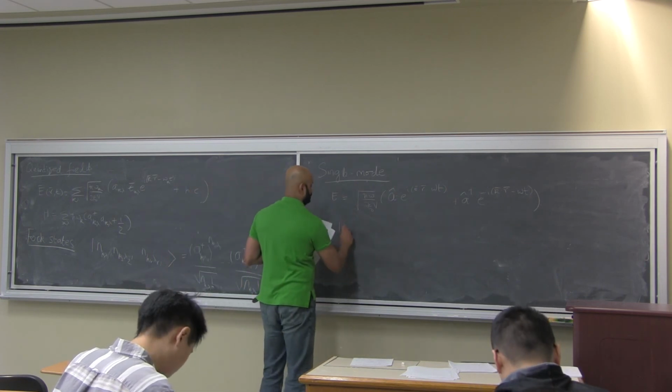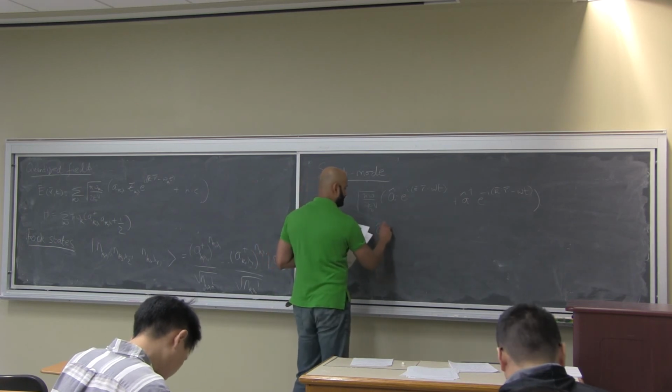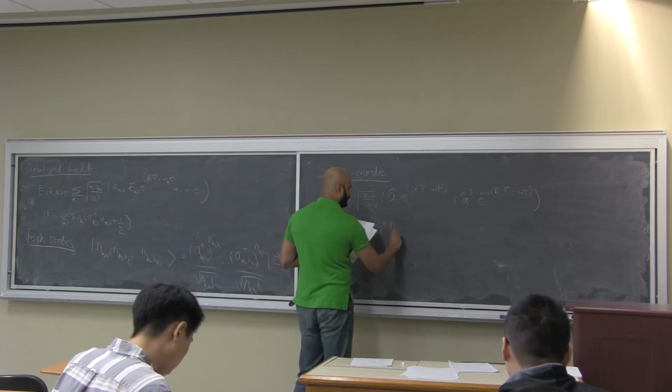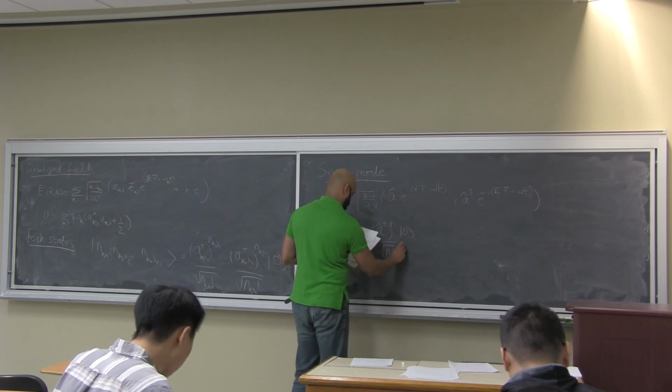And for this, of course, it just looks like a harmonic oscillator. The Fock states are given by (a dagger)^n acting on 0, divided by the square root of n factorial.